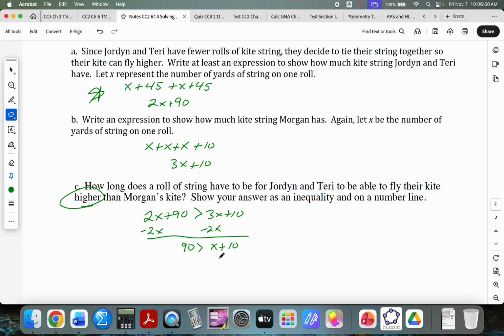And then take away 10 from both sides, from one set of strings and the other set of strings. So x has to be less than 80.